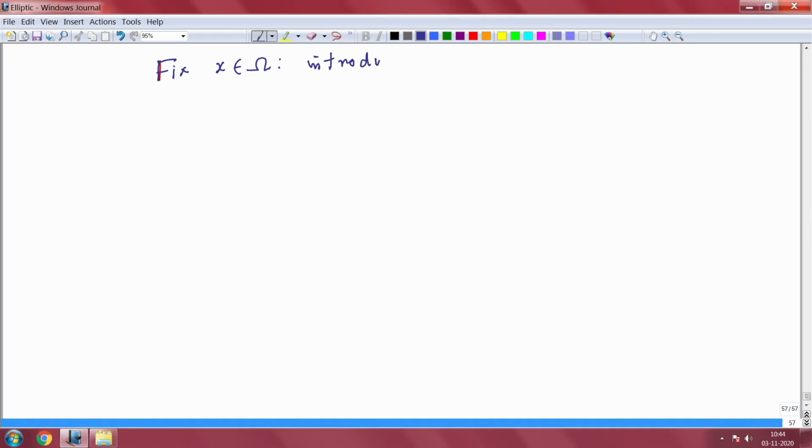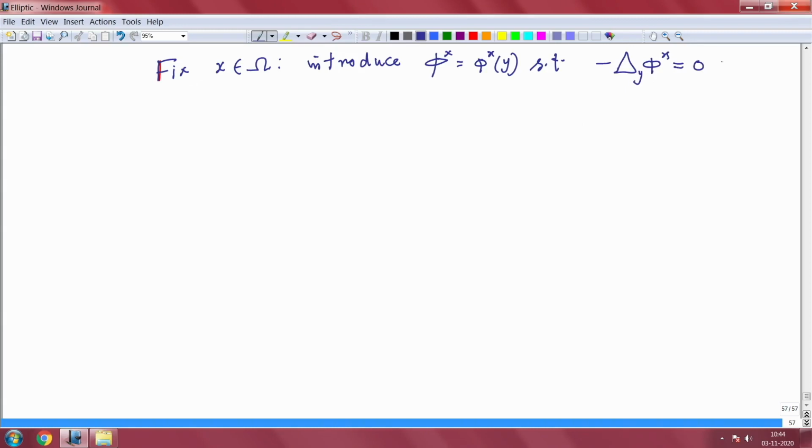You do not need any singularity in what we are introducing. So, you introduce phi x, equal to phi x of y. It is not a power, it is just a notation to represent my x, such that the Laplacian of phi x, with respect to y, should be 0.